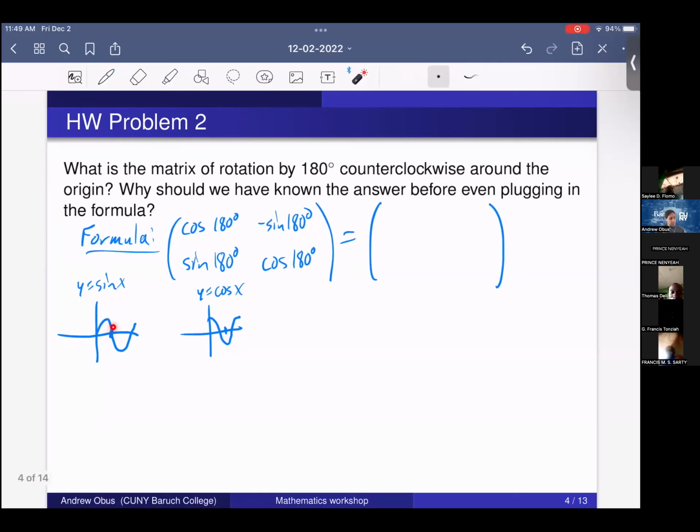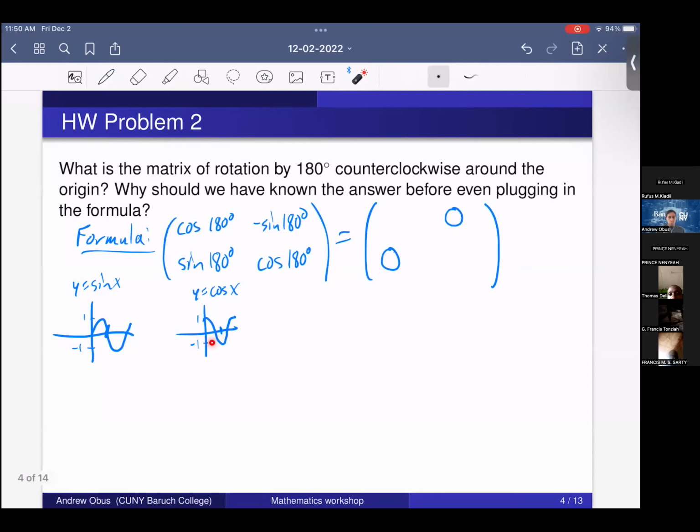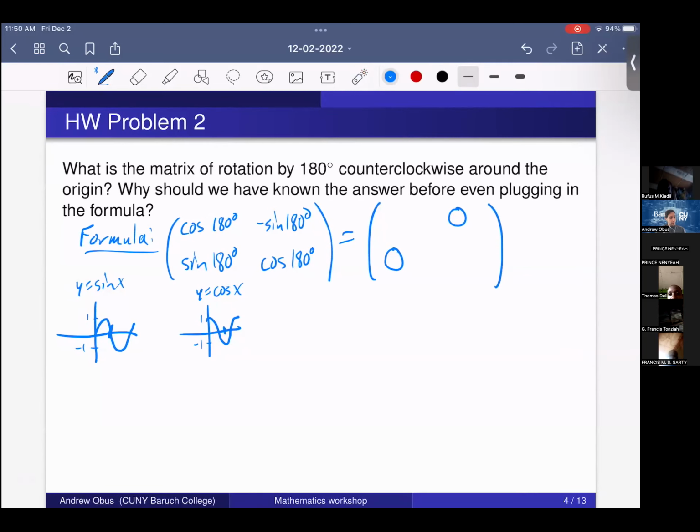Sine of 180 degrees here is going to be 0, so we get 0 and a 0. And cosine of 180 degrees is what you get in the middle of this graph. This is a 1 and this is a -1, so cosine of 180 degrees is going to be -1. It's the bottom of the graph, so we're going to get -1, -1. Okay, so this is the answer.